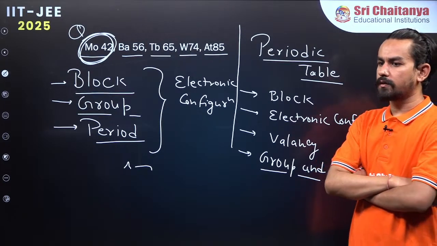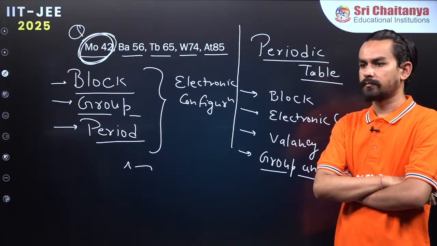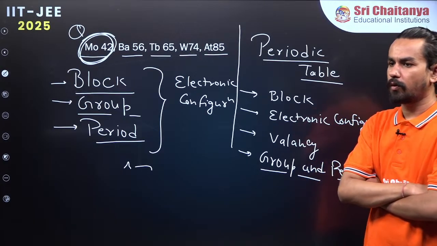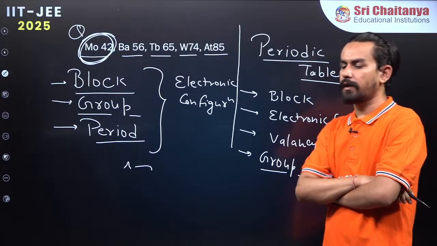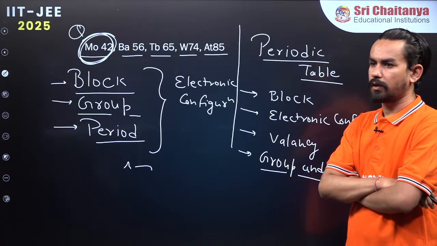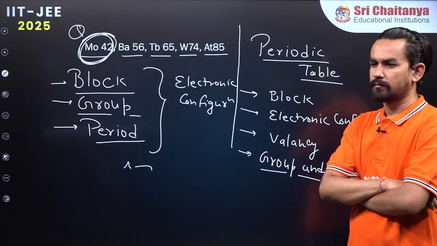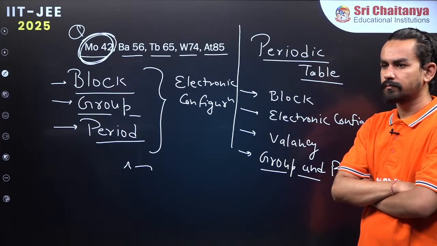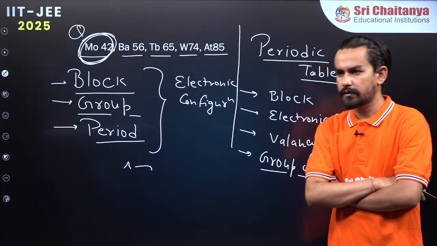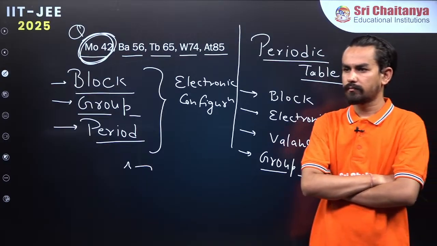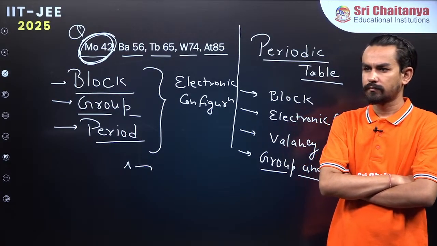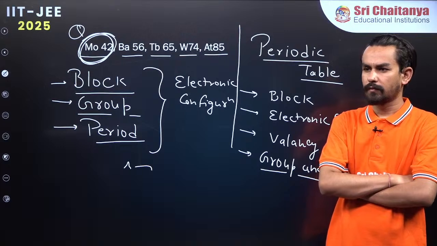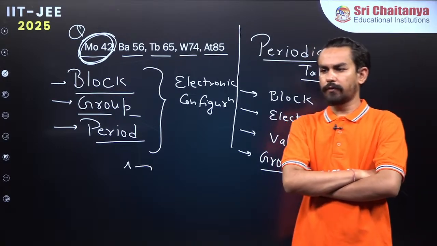Mo, D block, 6th group. Very good. Krypton 4d5 5s1. Mo 6th group, 5th period. Block also, 4d5 5s1. Sixth group, 5th period.